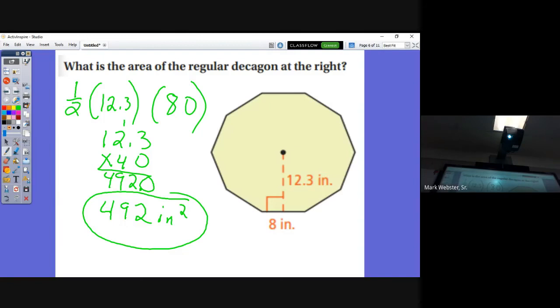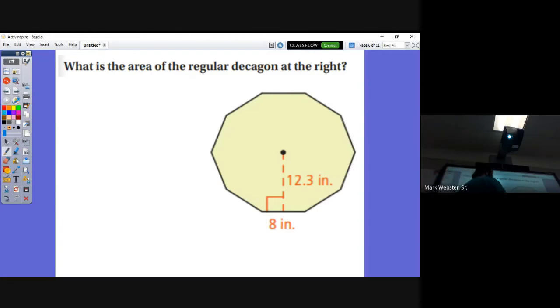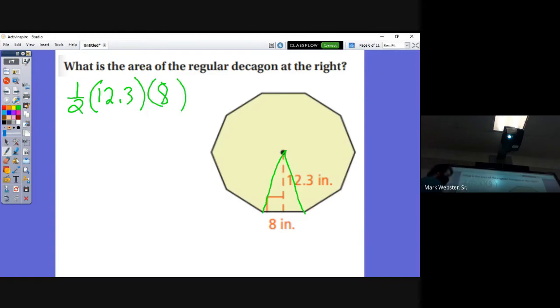But just as easily, we could do it the other way. All right? Instead, we could be like, well, I've got this triangle right here, right? 1/2 base times height. Well, what's half of 8? 4.